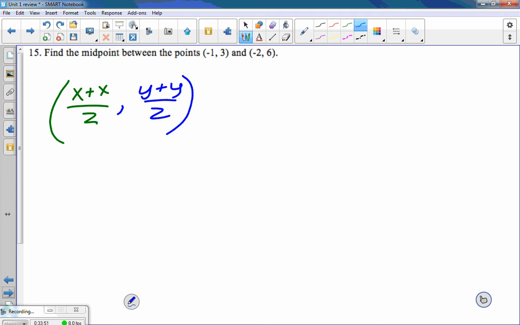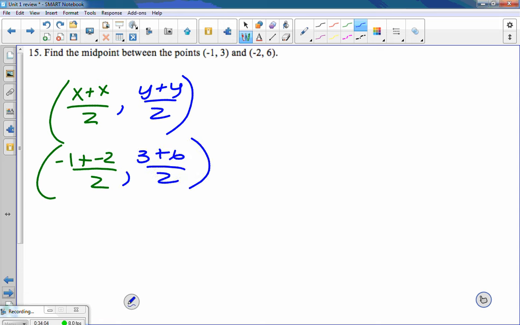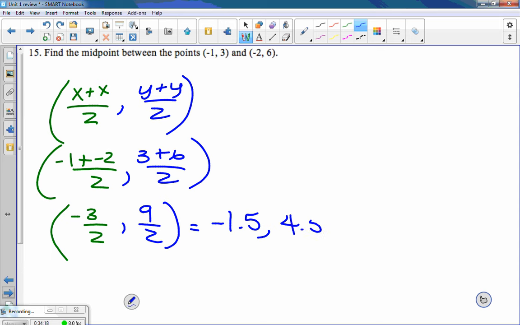So this becomes -1 plus -2 divided by 2 and 3 plus 6 divided by 2. -3 over 2 and 9 over 2, which equals -1.5 and 4.5. All right.